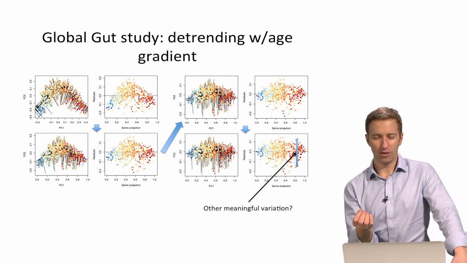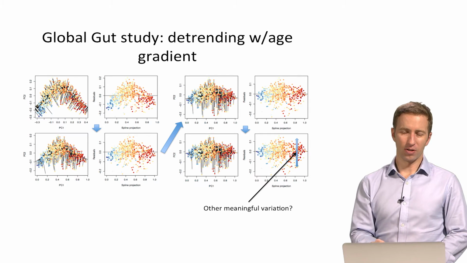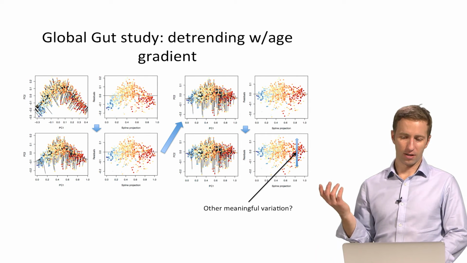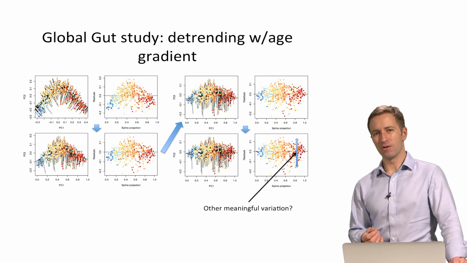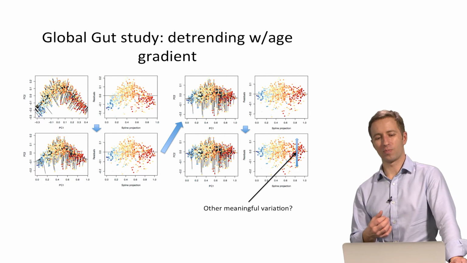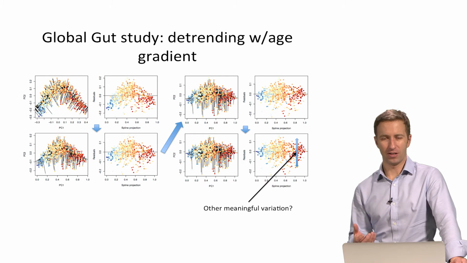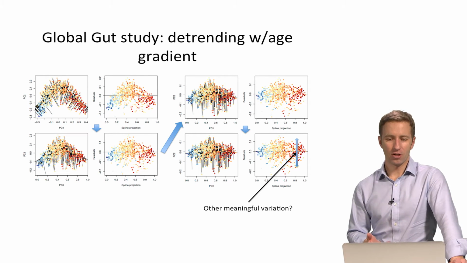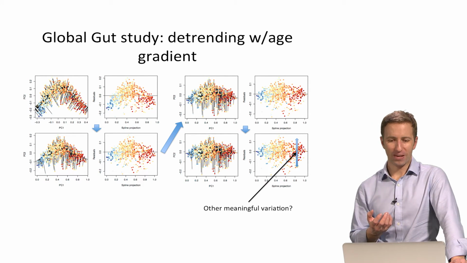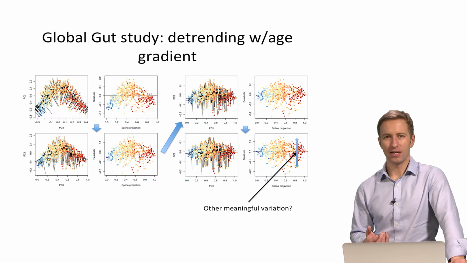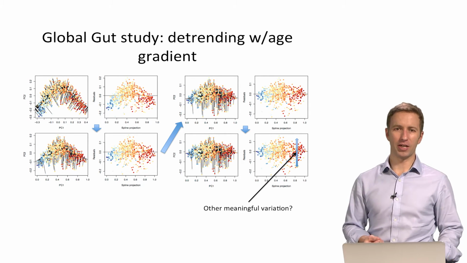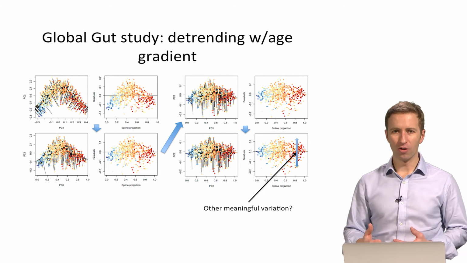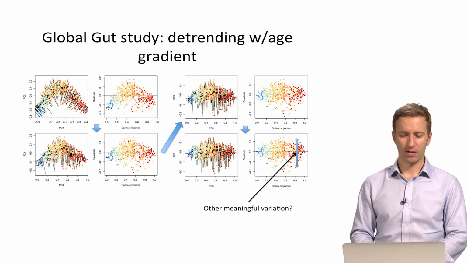It's important to note that the detrending approach, whether it's this or the detrended correspondence analysis, doesn't know about age, or in the case of the Guerrero Negro data, doesn't know about depth. So it's a way of demonstrating that the principal variation in the data is driven by a particular geochemical or other experimental gradient.